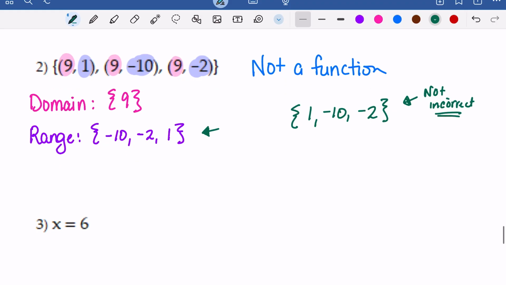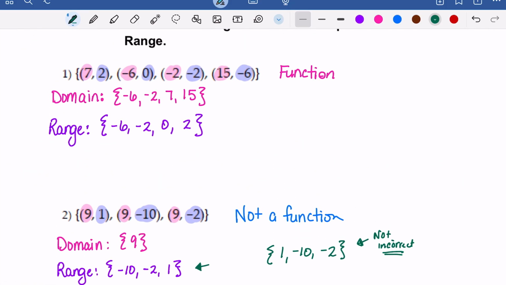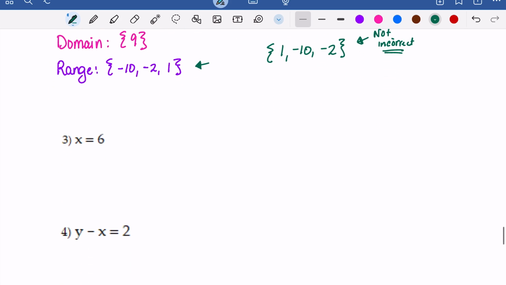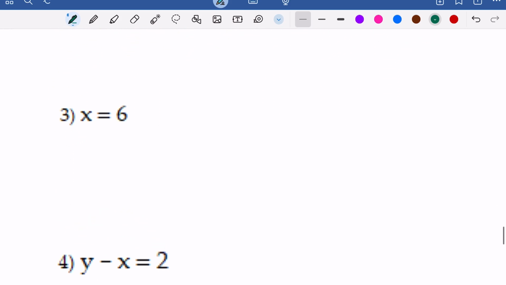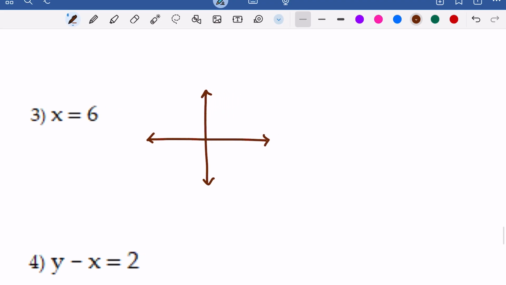All right. So that's what it looks like when you have a set of ordered pairs. Now let's look at what happens when you just have an equation. I know x equals 3 is a weird equation, but it's still an equation. If you were going to graph this, let's say we had a coordinate plane, and I go to x equals 6.